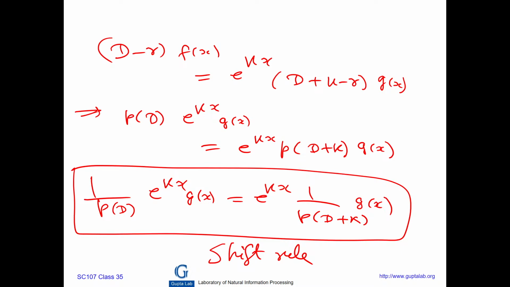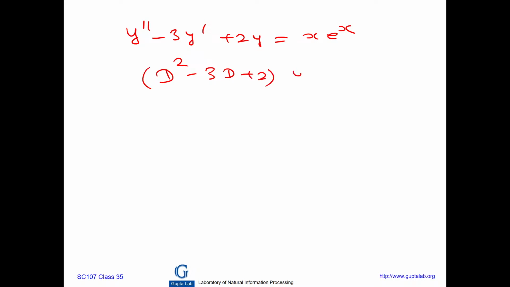Okay, so let us take an example and I think it will be clear to you. Y double prime minus 3y prime plus 2y is equal to x times e raised power x. So operator is D square minus 3D plus 2 on y is equal to x times e raised power x.